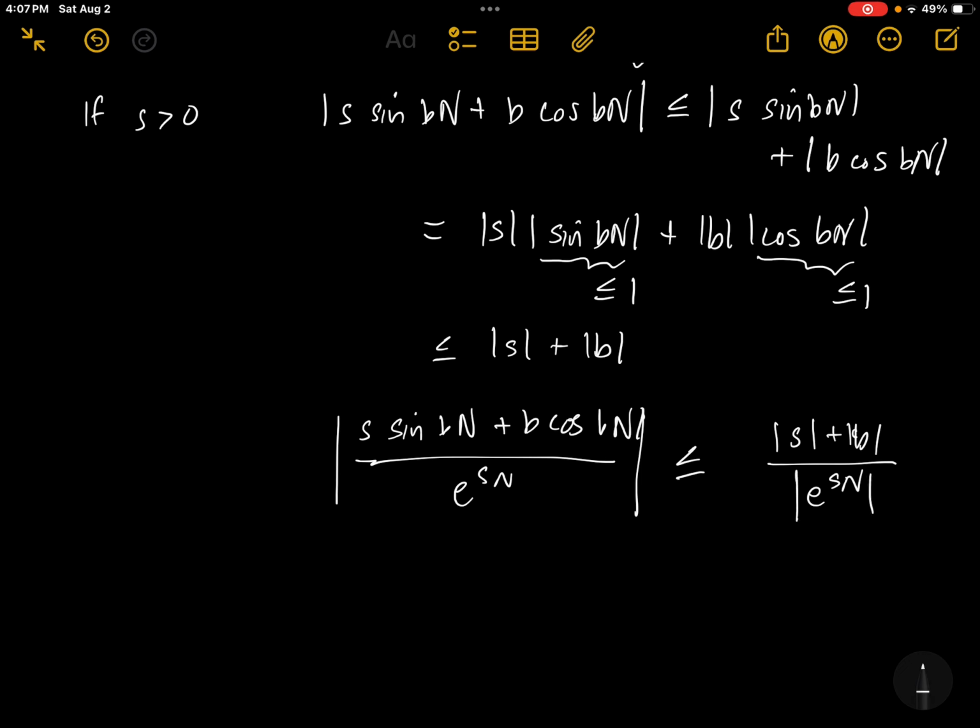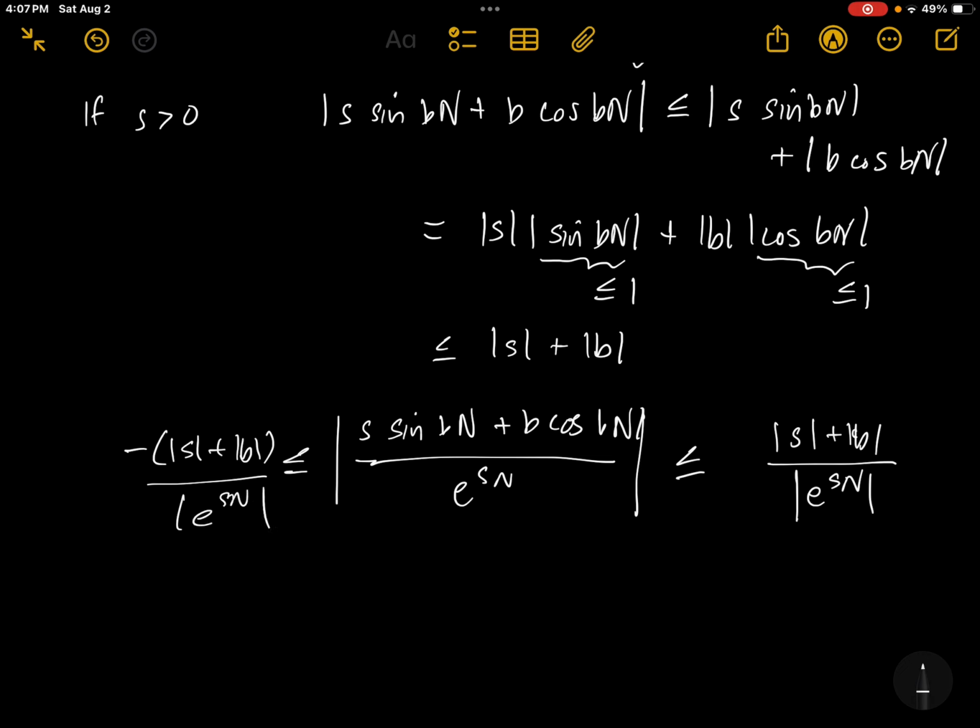I'll put absolute value, though it doesn't really matter because e to the sn is always going to be positive anyway. And then this thing in the middle is greater than or equal to negative the absolute value of s plus the absolute value of b over e to the sn.